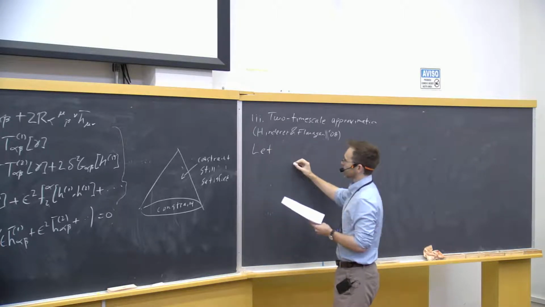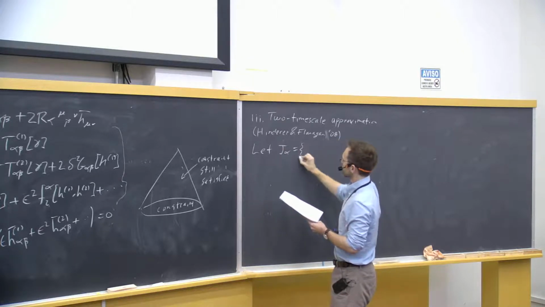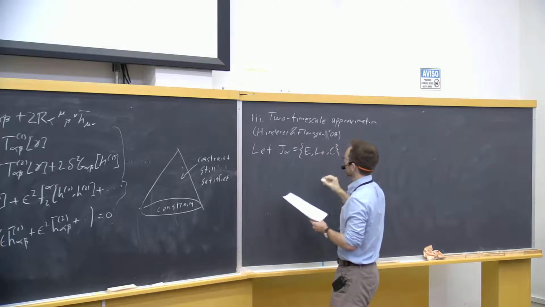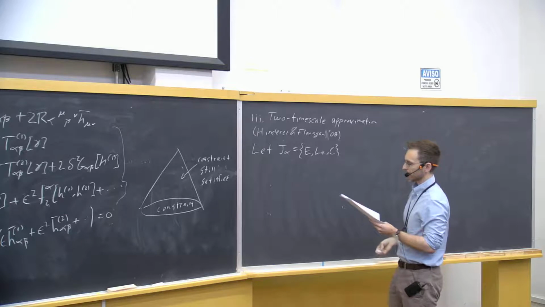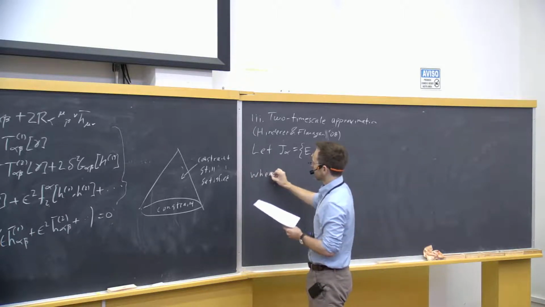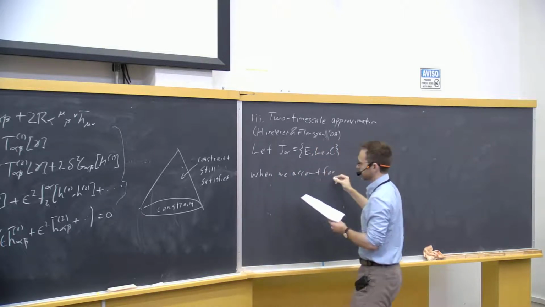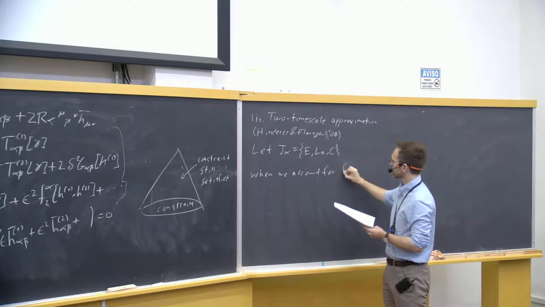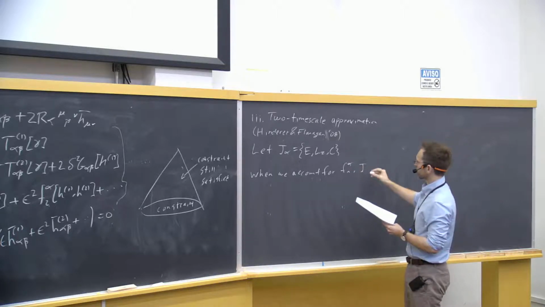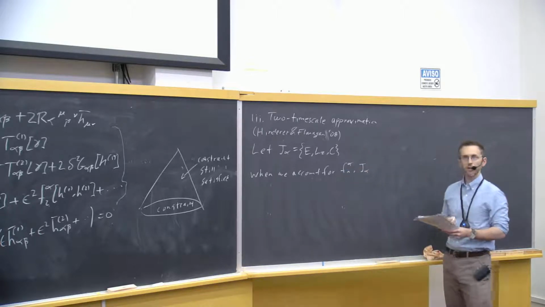So let's go back to the picture we had, where we had a set of constants of motion, E, Lz, and C. So those were only constants for a geodesic. But when we account for the self-force, we can still write things in terms of these quantities, but they start evolving slowly with time.